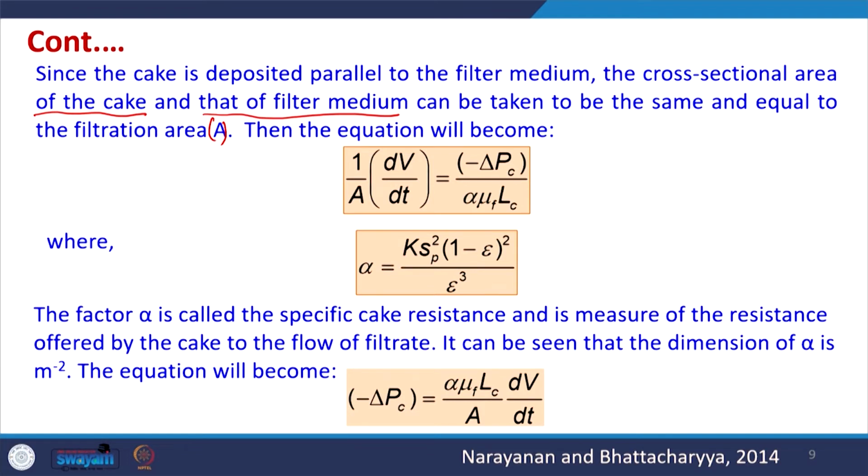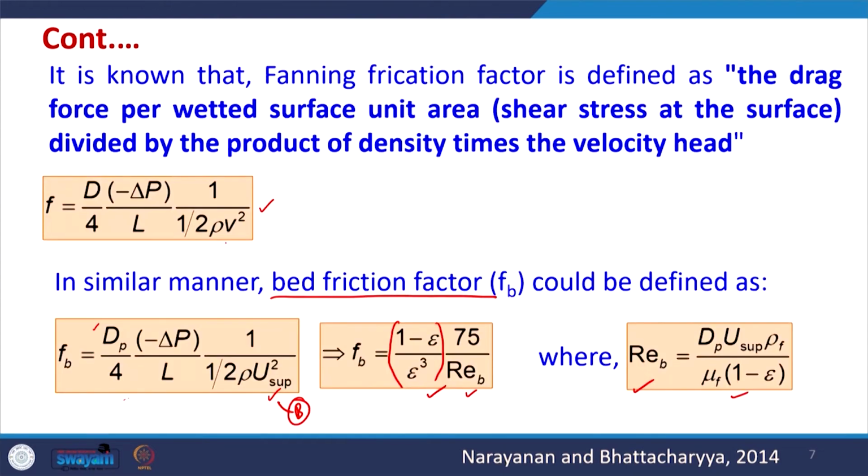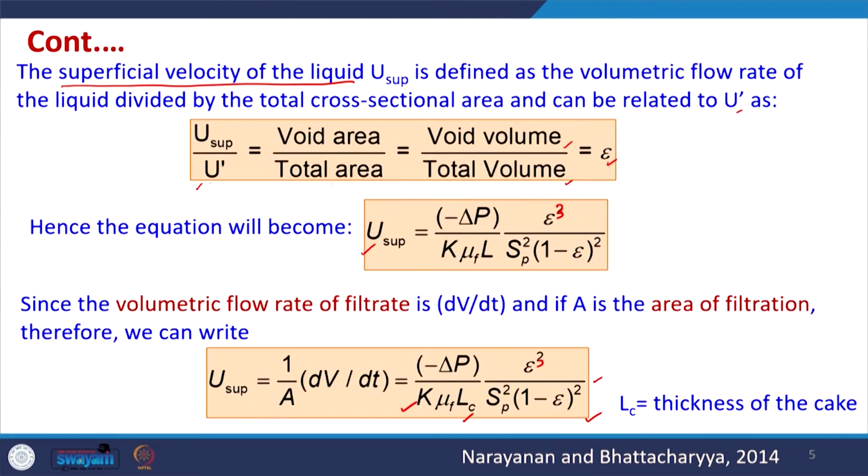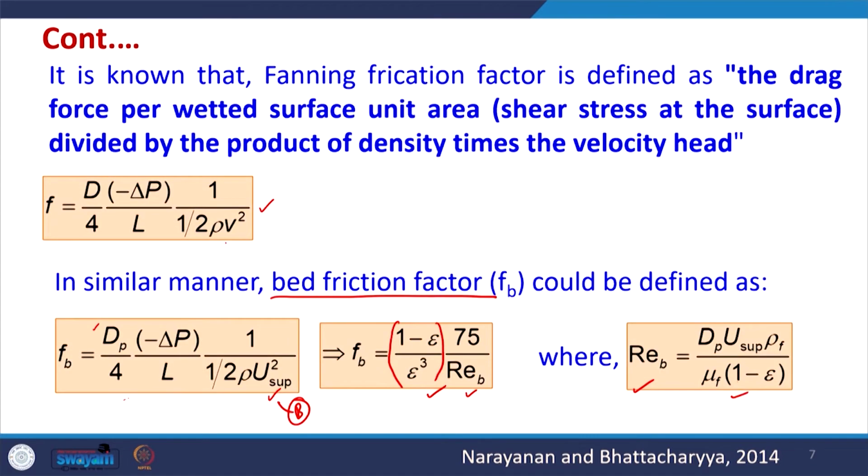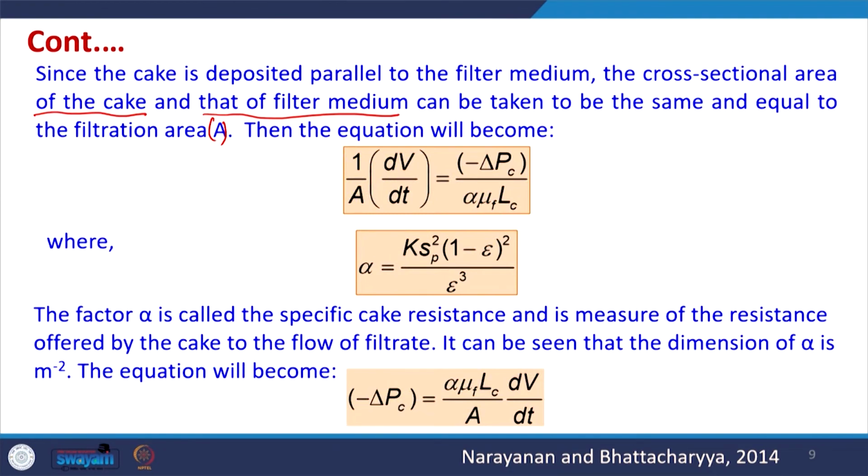So, what we are doing is trying to use the earlier equation which was defined here, you can see. This particular equation can be easily converted into this particular equation where alpha has been defined, a new term called the specific cake resistance.